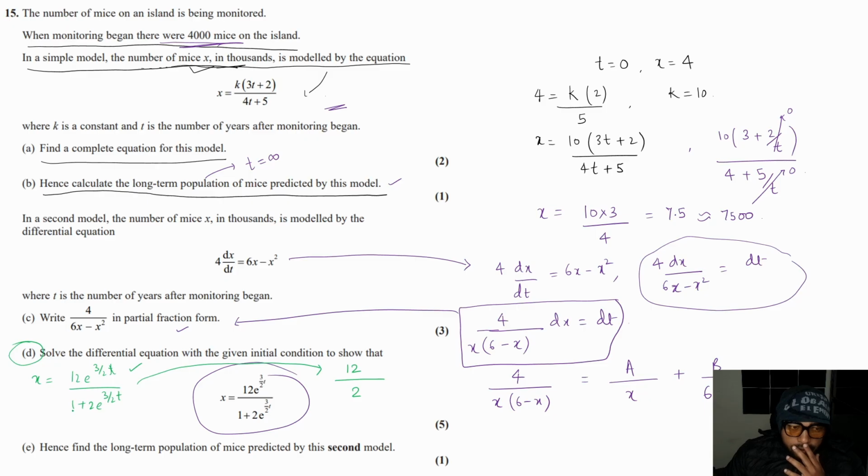But in the denominator, 1 by e raised to the power 3 by 2t will be there. On plugging in t equals infinity, that particular value will be 0. So we are only left with the 2, because we have the coefficient of 2 with e raised to the power 3 by 2t. So the final value we get is 6000. Okay, 6000 is the long-term population of mice predicted by the second model.